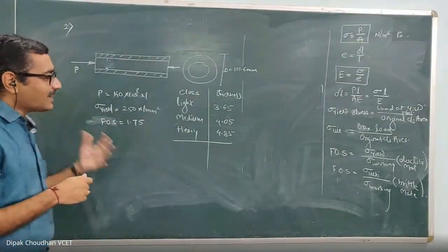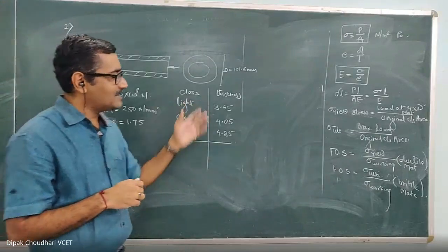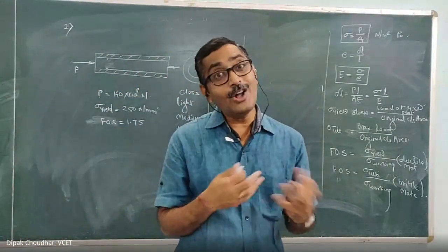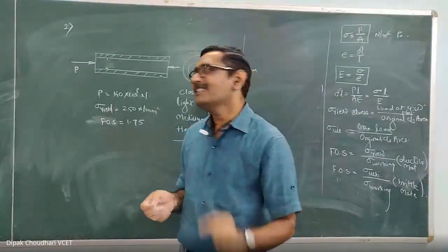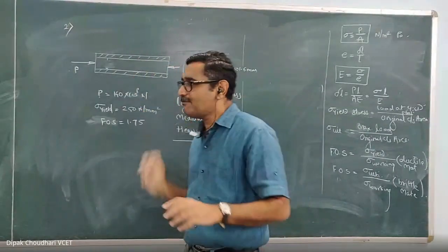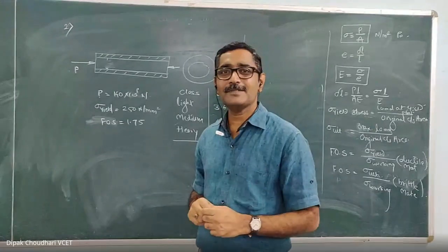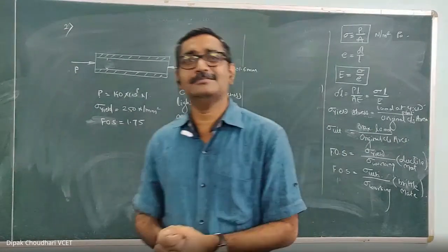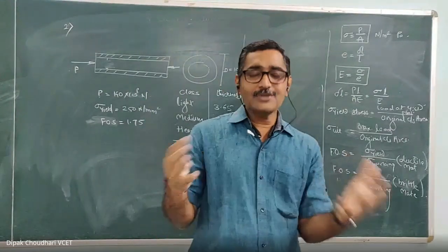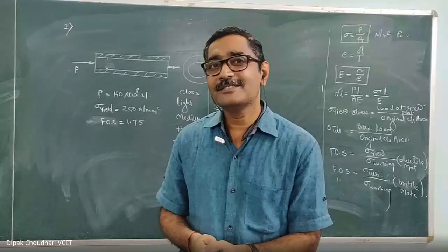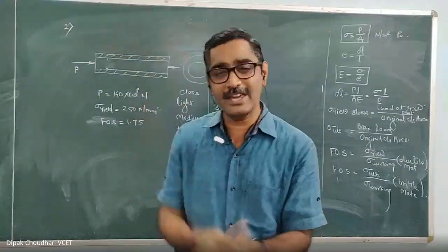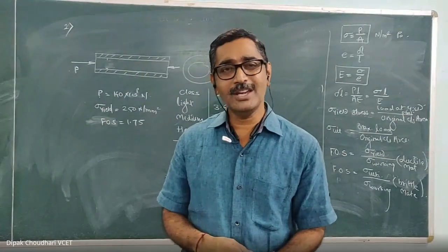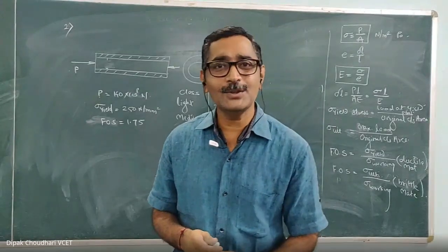While recommending any tube out of the 3, or any particular component, you have to see all the factors. One thing, that particular dimension should be safe for that application. Second thing, there should not be a wastage of material. If you unnecessarily use heavy material, the costing will increase, so it should be economical also.